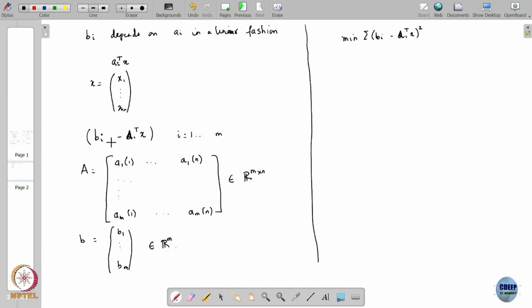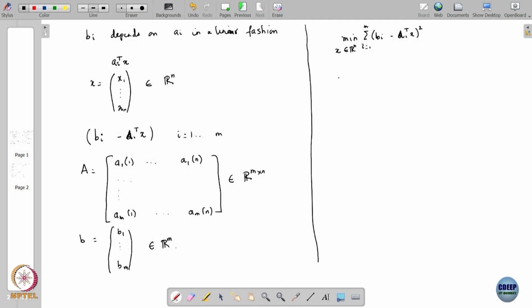So you need to take a norm of them. Here I am taking the L2 norm, squaring the residues and summing all of this over the m samples. So I am looking for an X in R^n that minimizes this particular loss function.